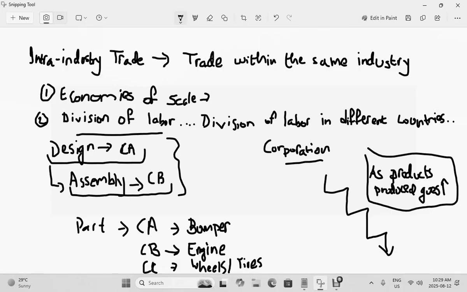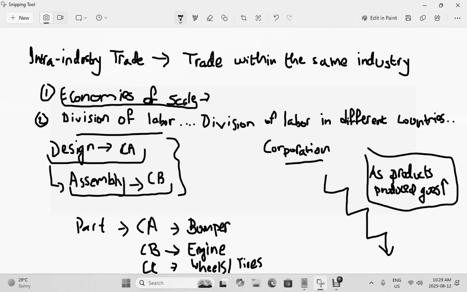And this has to do with corporations. Now, this has to do with economies of scale as well, because the economies of scale theory says that as you produce more, the cost of production goes down because of capital investment. Corporations might require fewer workers to produce the same quantity of the product that they're producing, or they might be able to produce more with the same number of workers because of capital investment.